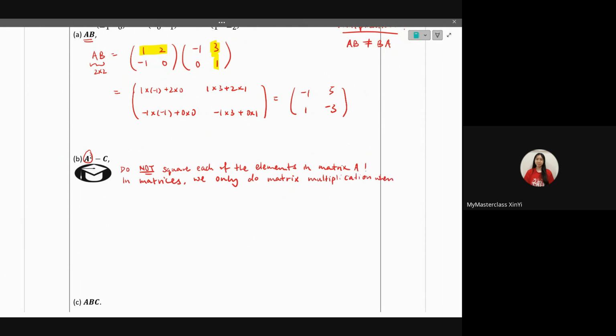When you deal with powers, squares, cubes, or whatever, you can only do matrix multiplication, meaning this should be matrix A multiplied by matrix A. So take this down.